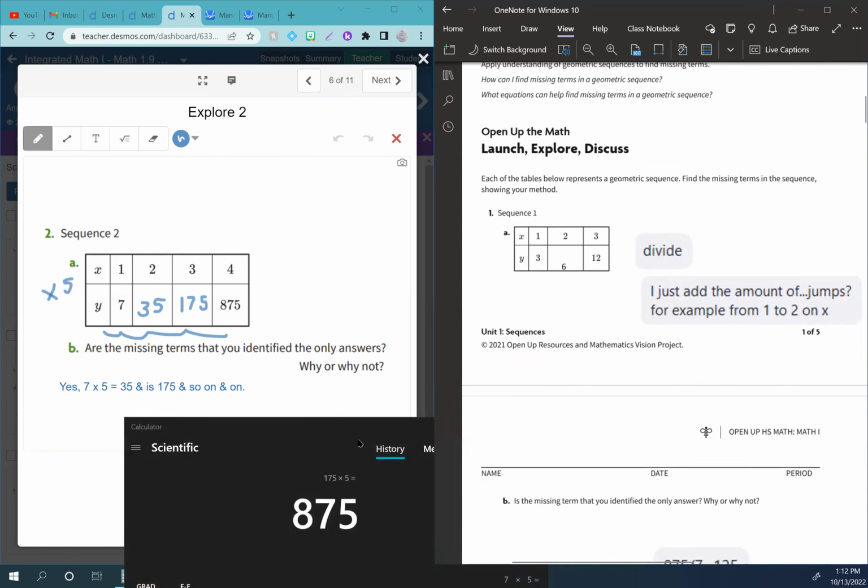It's kind of division, but not really. Ooh, someone said 125 divided by 25 is 5. That's true.